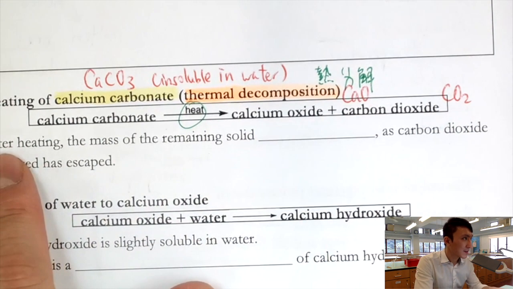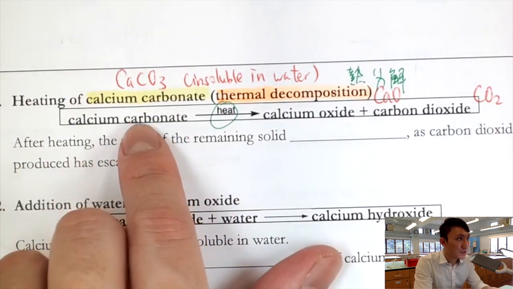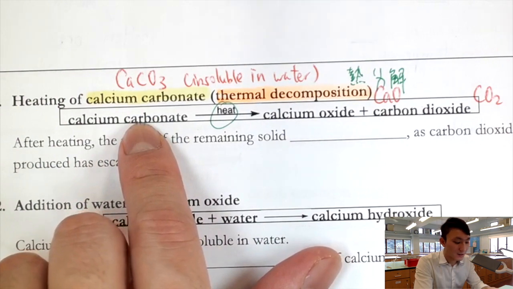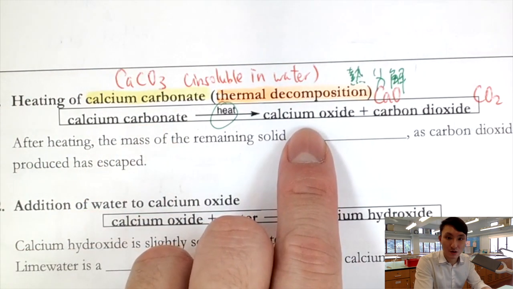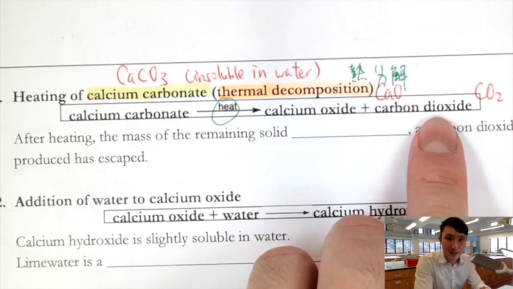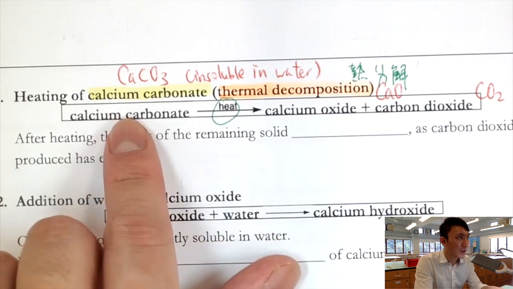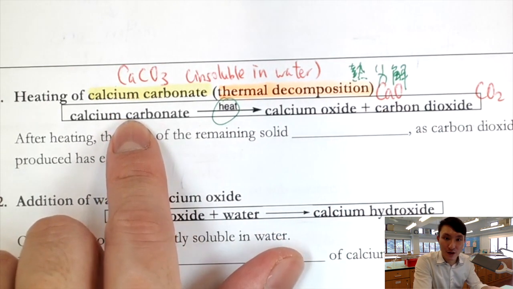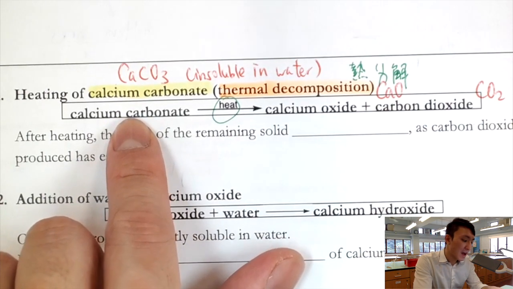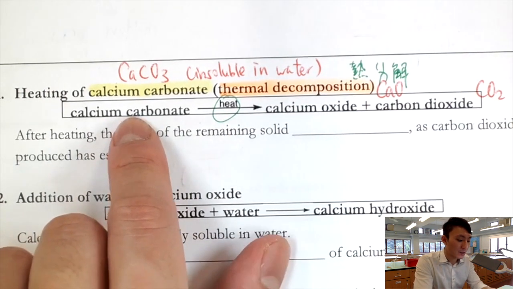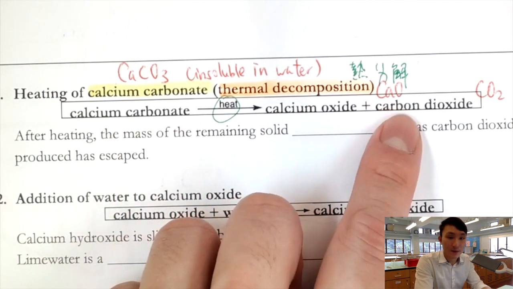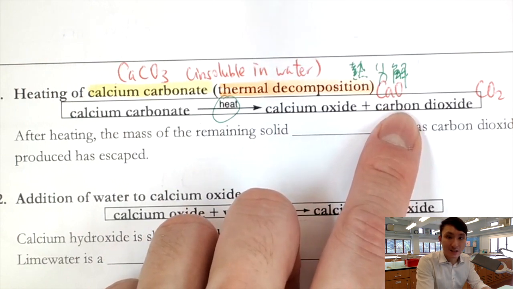Because calcium carbonate is a solid, calcium oxide is also a solid, but carbon dioxide is a gas. Let's say we have 1 gram of calcium carbonate at the beginning. After we heat it, it will decompose into these two products and the carbon dioxide gas will escape from the mixture.